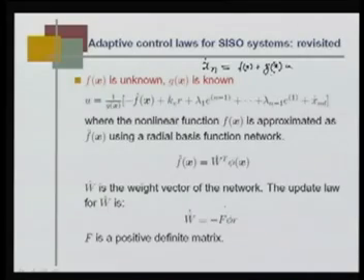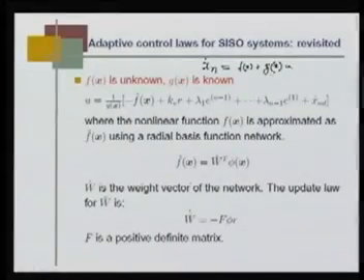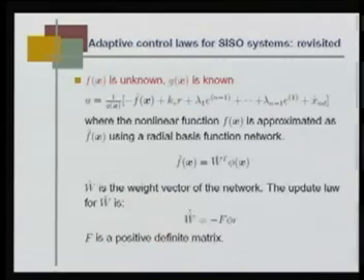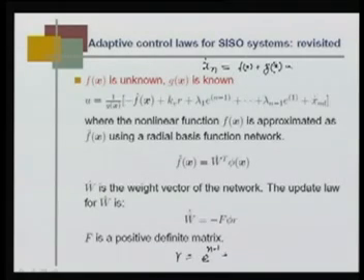Here f is a positive definite matrix, phi is the radial basis functions using which the unknown function f hat x is estimated, and r is the filtered tracking error which we have already defined, r is e to the power n minus 1 plus lambda 1, and so on.